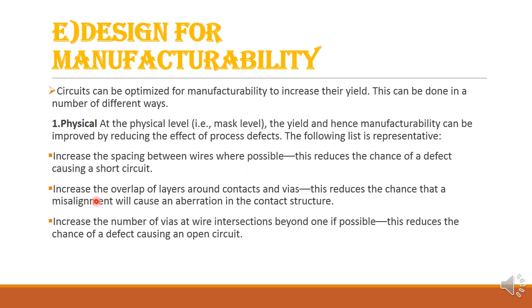Similarly, increasing the overlap of layers around the contacts and wires reduces the chance of misalignment. The next one is increasing the number of contacts at wire intersections. By increasing this, there is a chance to reduce the defects caused by open circuits.